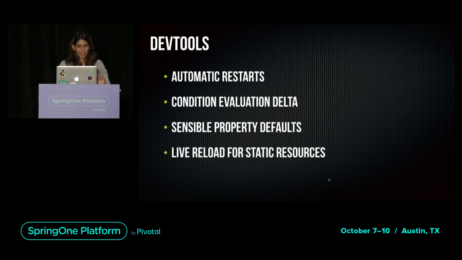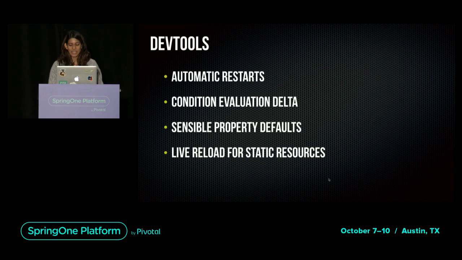Right, so we looked at automatic restarts with DevTools. The condition evaluation delta, we'll look at when we go back to the demo. There's also sensible property defaults that you get with DevTools. When you're writing your applications, there are certain things that you might want to happen during development and not in prod.